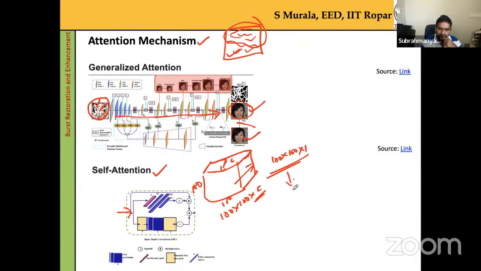Now these values may be in the range from minus infinity to plus infinity. Whatever channel averaging or channel max pooling is calculated, it can be a very large value, from a large negative value to a large positive value, or any value in between. So this is a problem.